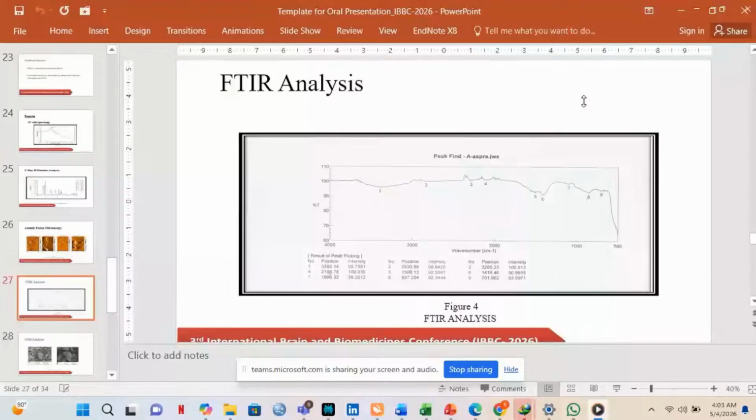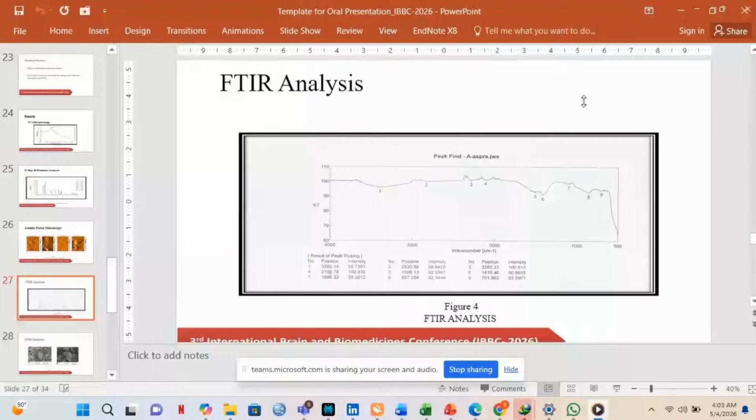And these are the SEM images, scanning electron micrographs, that represent the shape and size of the zinc oxide nanoparticles. These are the antimicrobial activity graphs that represent the activity against Salmonella enteritidis and Salmonella venereum.